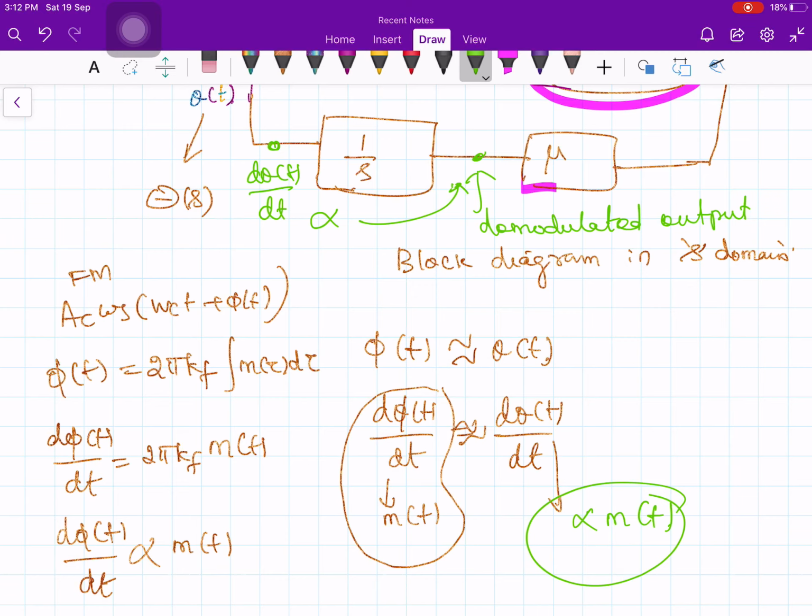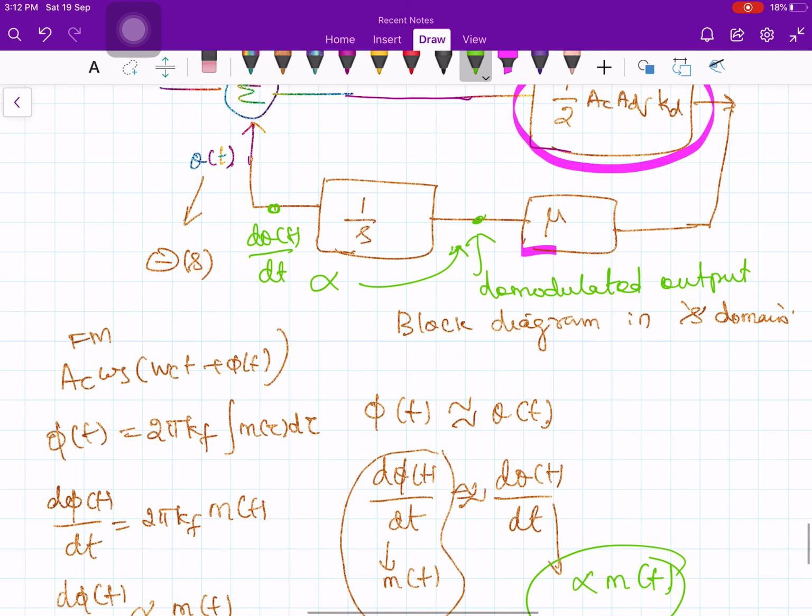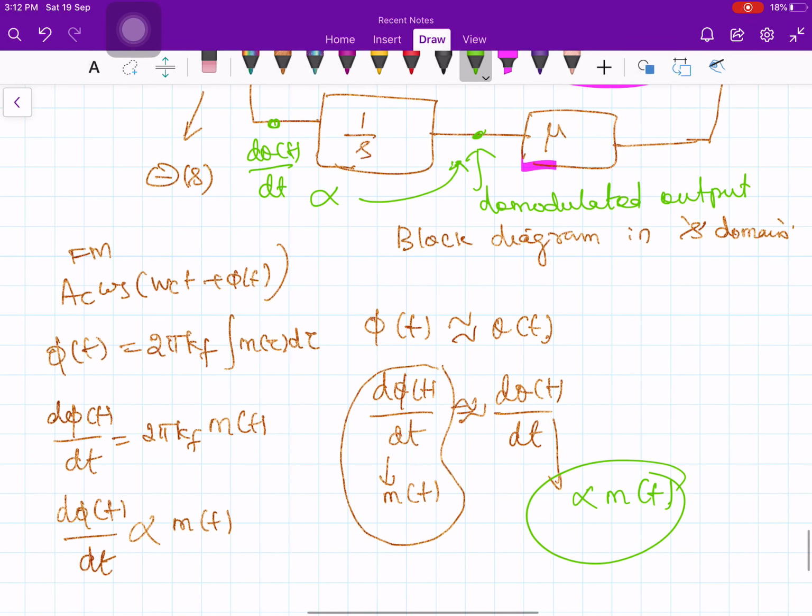It's a very important point to understand here. If the loop is locked, then your phi of t is close to theta of t. That means d phi by dt is approximately equal to d theta by dt, but d phi by dt is proportional to m of t.